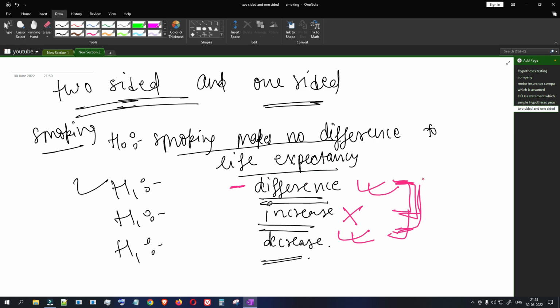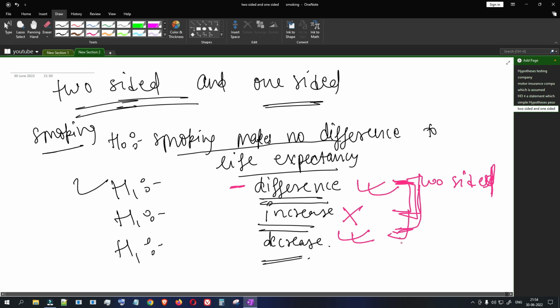So this is a normal two-sided statistical test, and the other two are one-sided, because these two are focused on a particular direction.